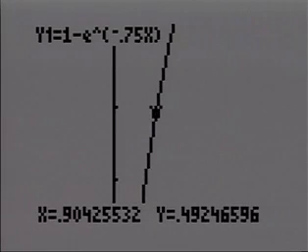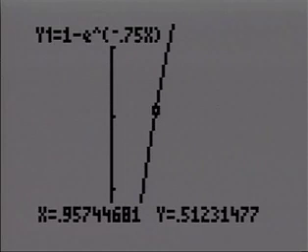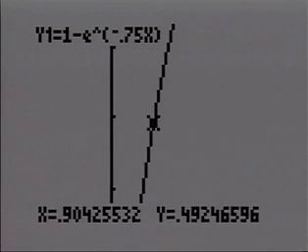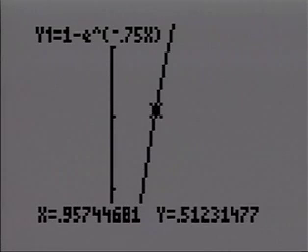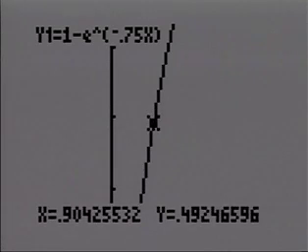I'm in zoom in mode, so I can push enter one more time. I can push it as many times as I want, but I'm going to push it one more time. Again, select trace, and I can see that the x value is about 0.957 when the y value is close to 0.5. Is it 0.957? Yeah, between 0.95 and 0.90.